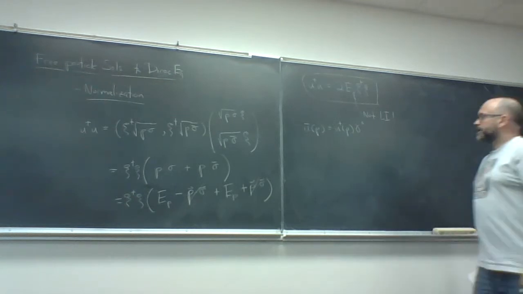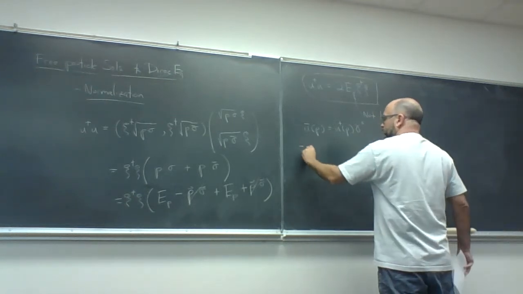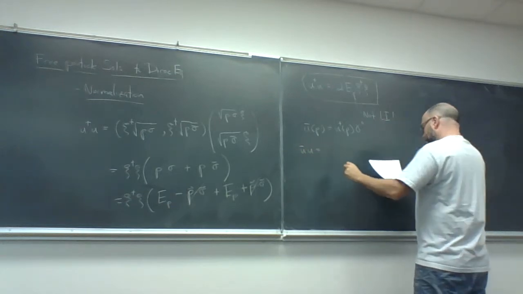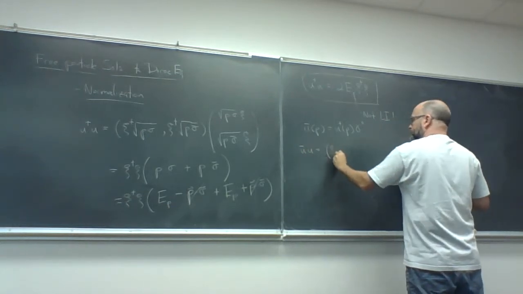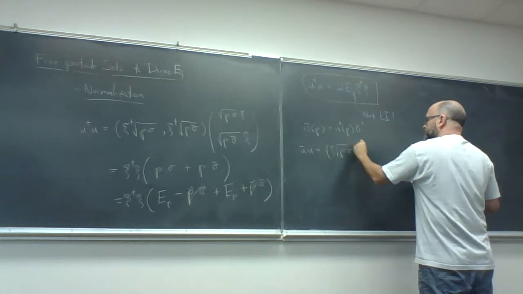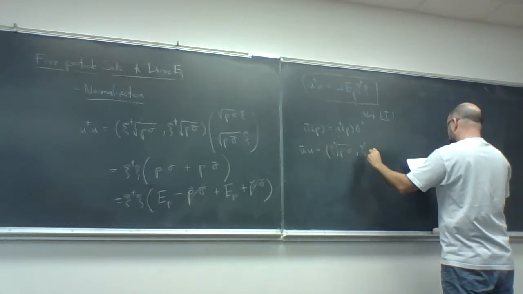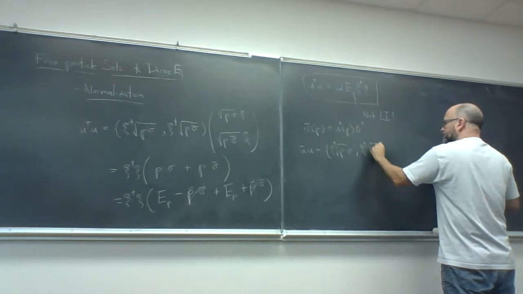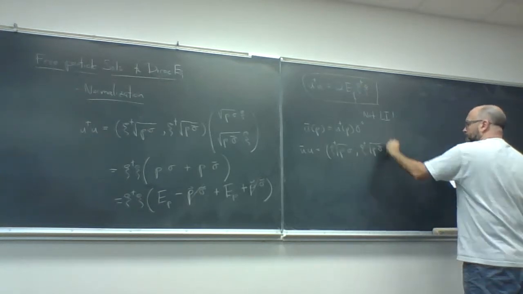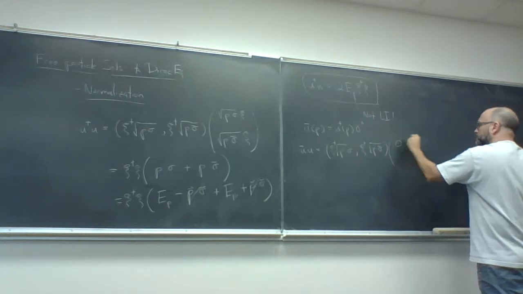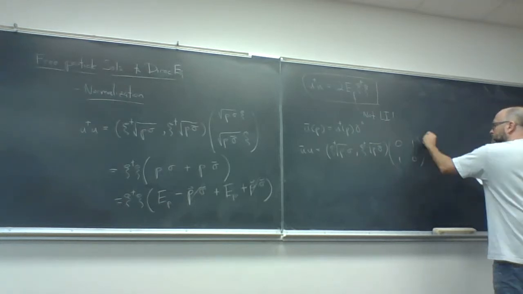That means that when I take u bar u, I have c dagger, square root of p dot sigma, square root of p dot sigma bar, and I have this gamma 0 now in the middle.